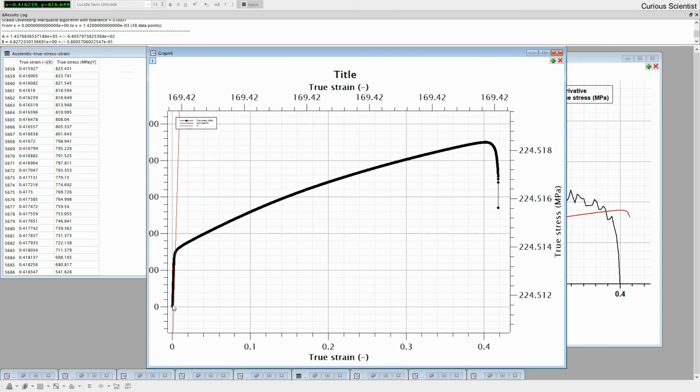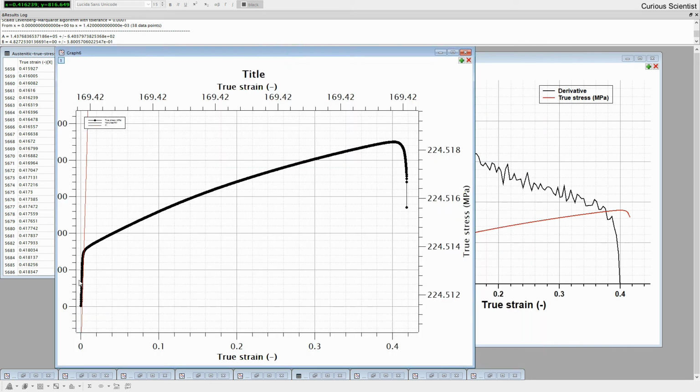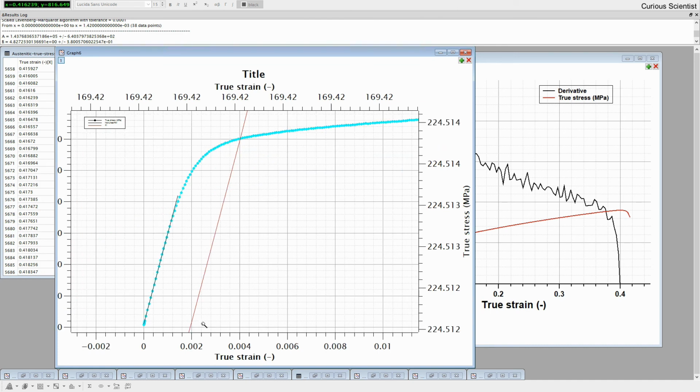So we got the modulus of elasticity by using the curve and getting the slope of the linear section, and then by shifting that by 0.2 or 0.0002, we got the proof stress of the material. If I magnify it a little bit, you can see.